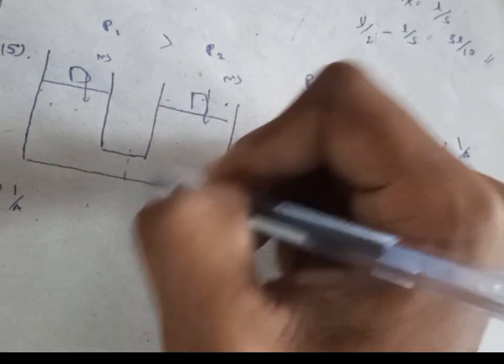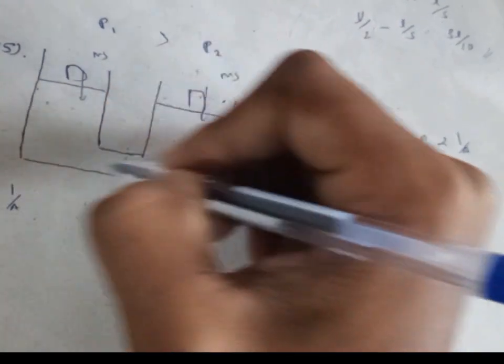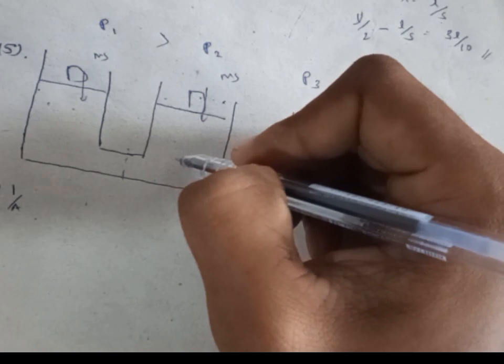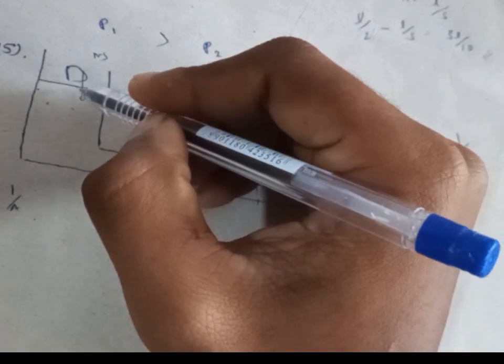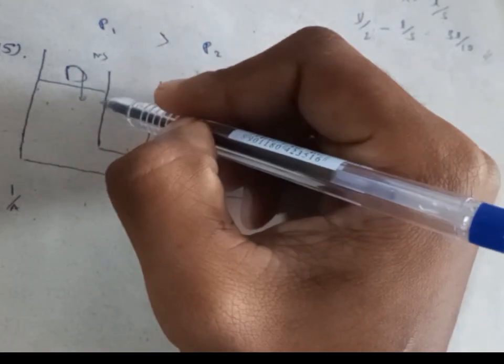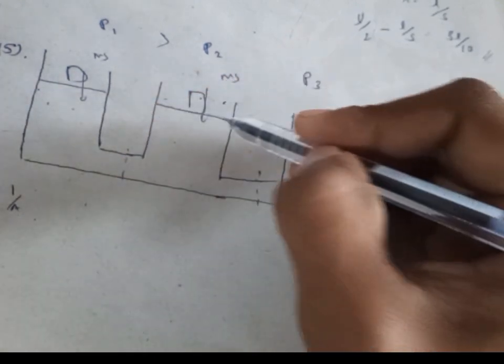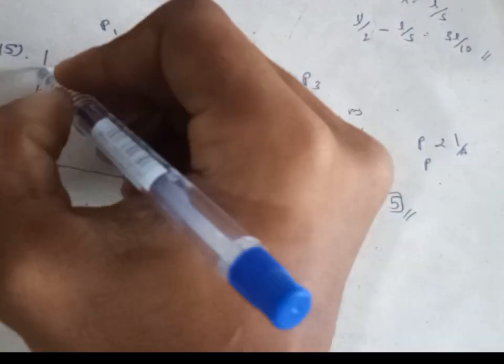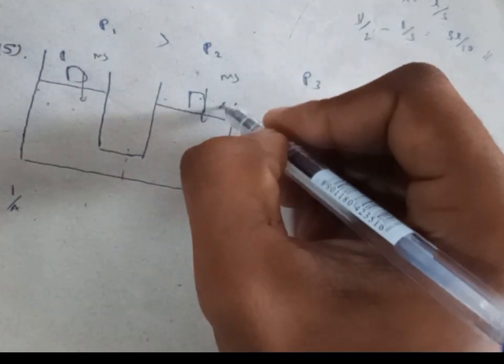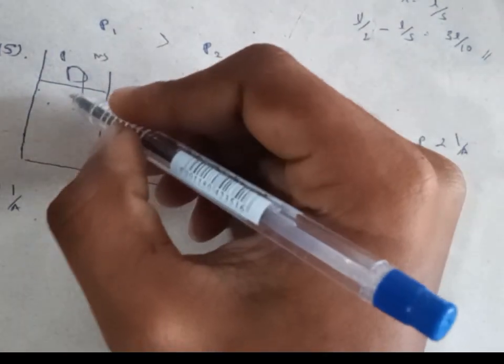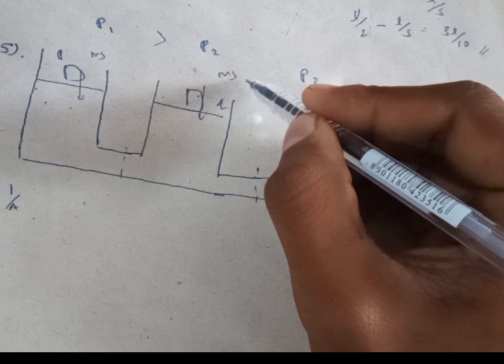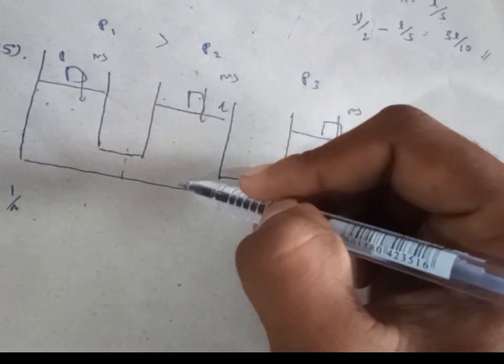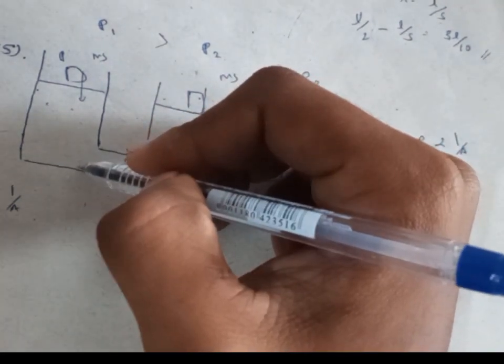Now when I open the valve, from high pressure to low pressure liquid starts to flow, right? So the level of this used to reduce and the level of this used to increase. Now they would name it as P, Q, R. Okay, so P would reduce and Q would increase. Now until which point? Until their pressures become the same, right?